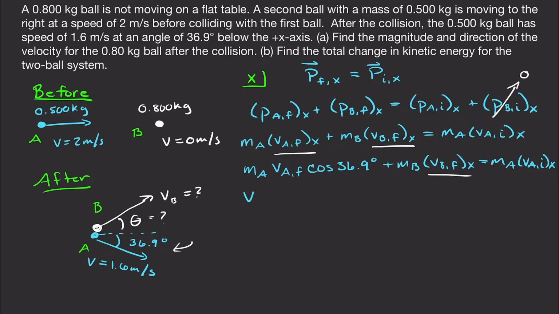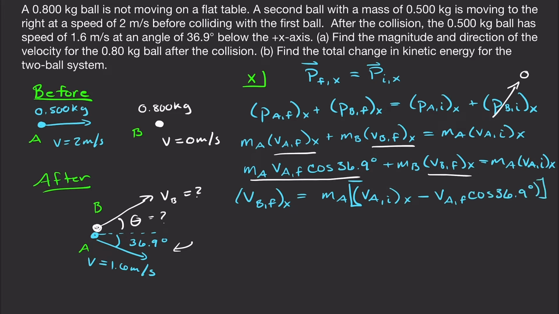Okay, so if we do that, we'll get VBFx is equal to mA, and then I'm going to factor out this VAIx, and then when I move this term over by subtracting, I will get a minus VAF cosine of 36.9 degrees. And then I need to divide everything by mB in front, so I'm just going to put that out front.